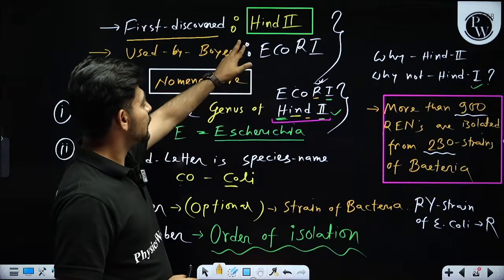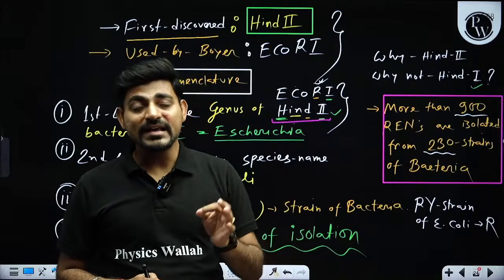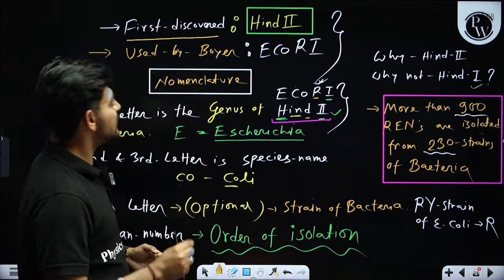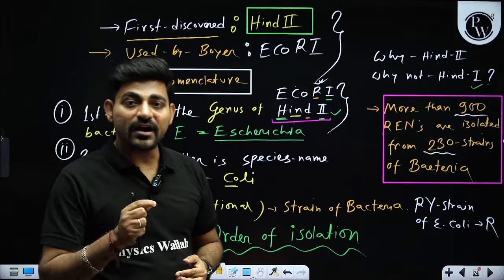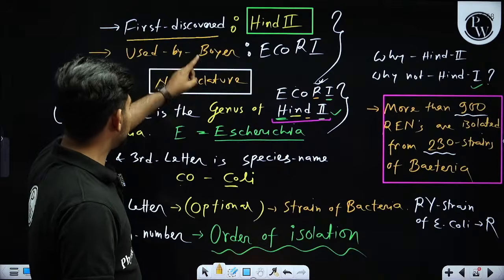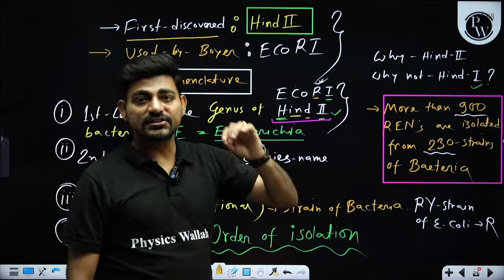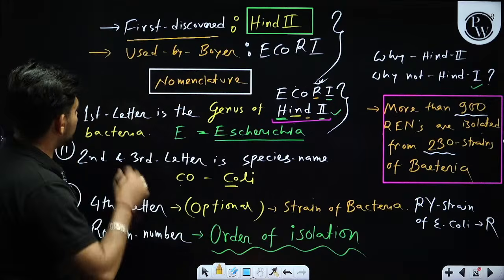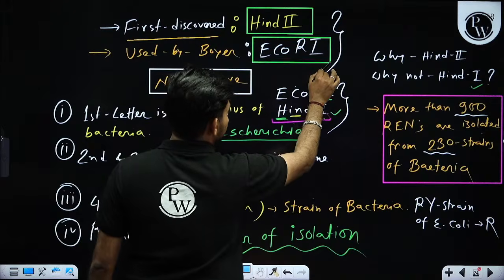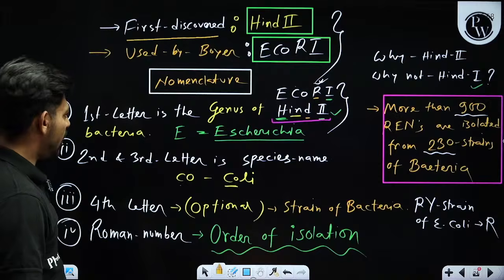That's why, though Hind1 was discovered earlier as an enzyme, as a restriction enzyme the property of Hind2 was understood for the first time. So that's why we regard Hind2 as the first discovered restriction endonuclease. And the restriction endonuclease which was used by Hubbard and Boyer in the experiment was EcoR1.